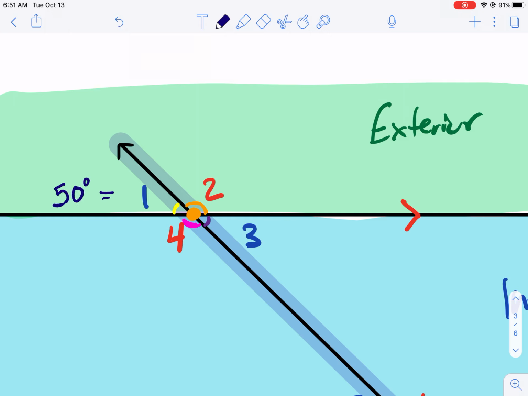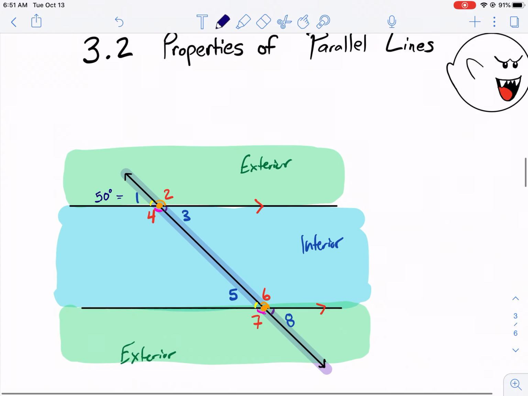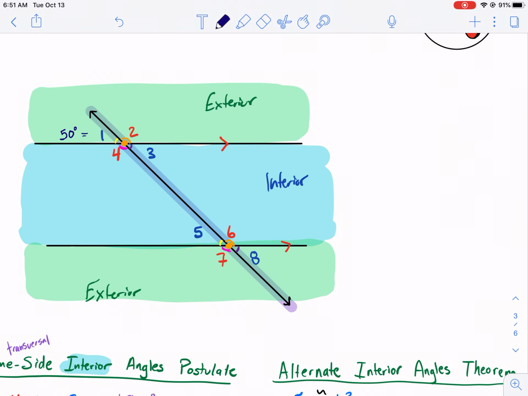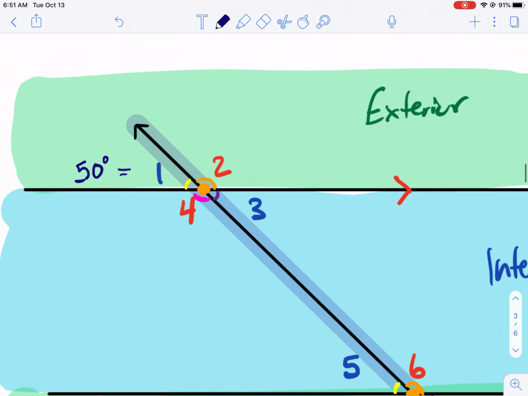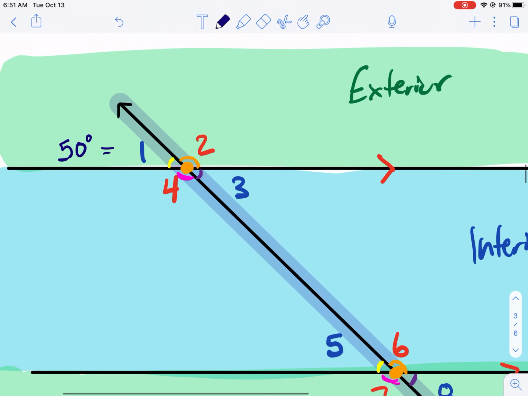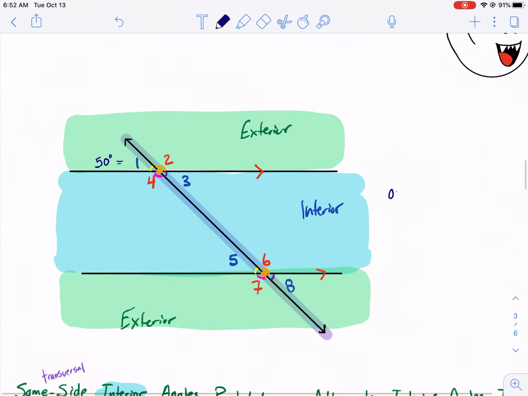Sorry, I was indecisive. So let's say angle 1 is 50 degrees. We can find all 8 of these angles, because these two intersections cause 8 angles to be created. We can find all these angles just from that 50 degrees. So all we need is 1 angle. We only need 1 angle to solve for all these.